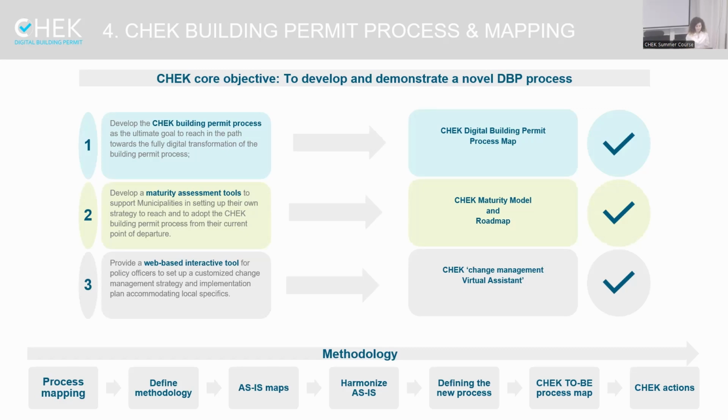So the three main outcomes that I'm also going to show step by step in this presentation are, first, the Czech digital building permit process map. It is a very big process map, but it's also uploaded in the platform, so you can take a look at it also. The second outcome of this work package was the Czech maturity model and roadmap.